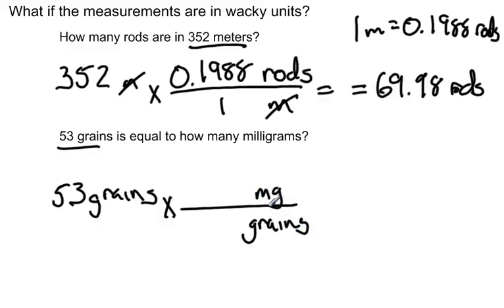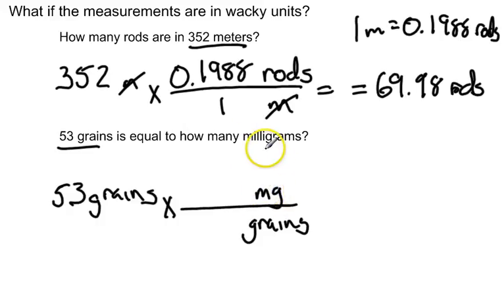Again, go to Google or the back of your textbook, and that's going to give you a conversion factor. I again went to Google and looked up how many grains are in a gram.